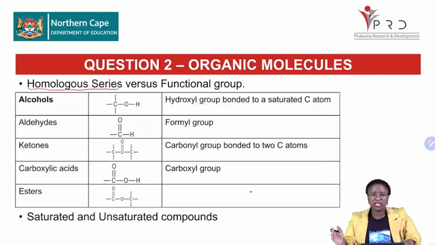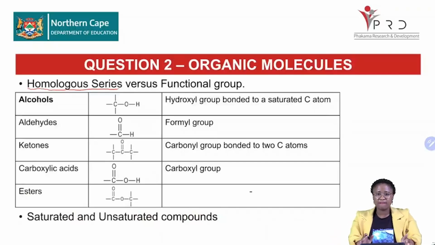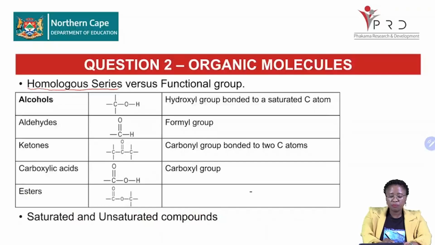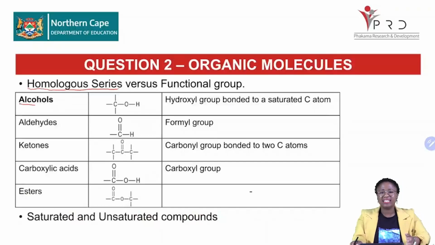And whilst we are dealing with a functional group, remember there we are looking at a bond or an atom or a group of atoms that determines the physical property of the group of organic compounds. So that is very important for you to be able to distinguish between the homologous series and the functional group. Now, over here on my screenshot, I did not take all the different types of homologous series because I know you know them.